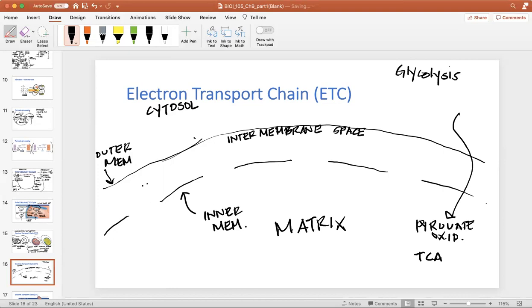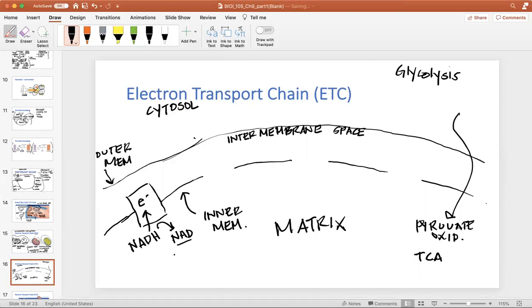Now remember that we have all those high energy electron carriers that we generated through our previous biochemical reactions. So what's going to happen is, let's take one of these high energy electron carriers. Let's take an NADH. And this protein here that's embedded inside this inner membrane is going to peel off an electron, okay, so that this goes from being NADH and becomes NAD all over again.